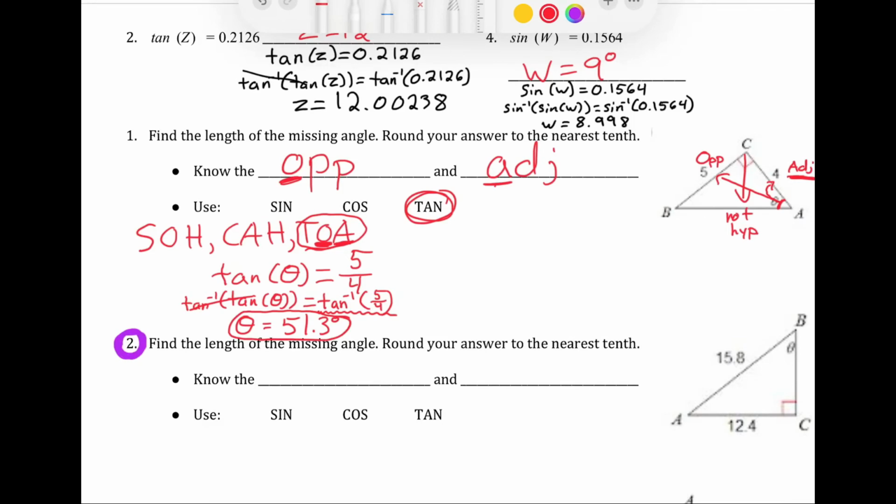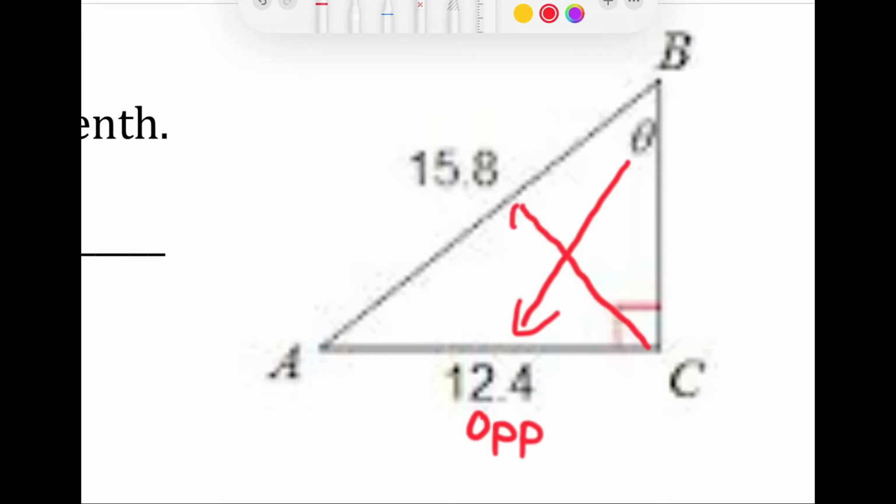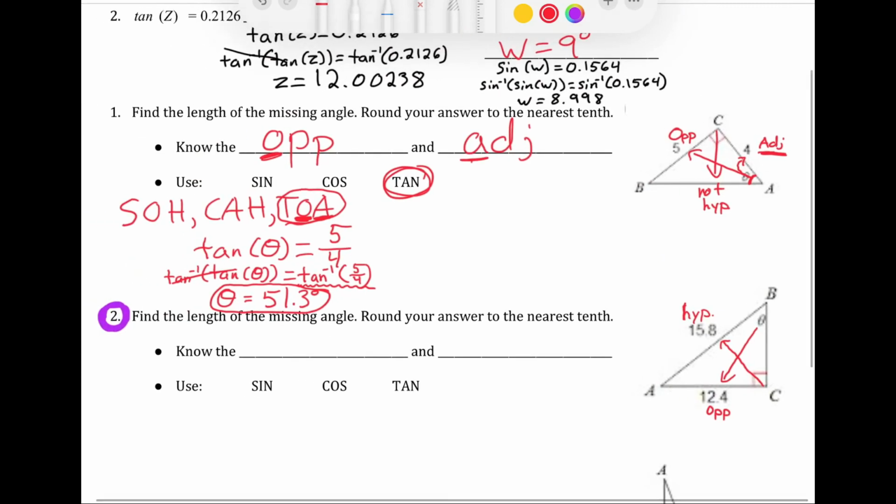For number 2, we know the side that is opposite. We also know our hypotenuse. So those are the 2 things we know. Opposite.